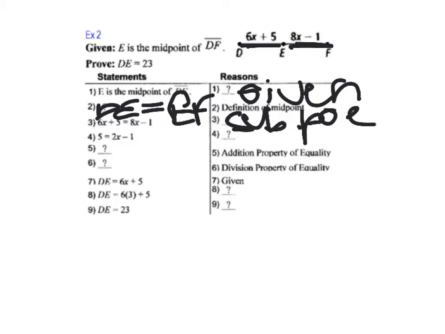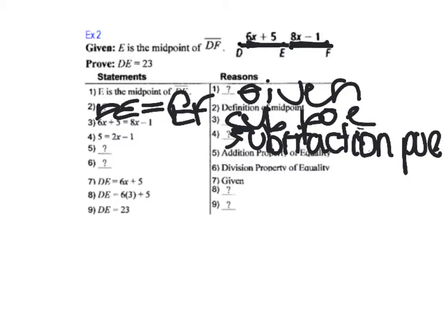Because you're substituting these lengths with their numbers in order to solve them and turn it into a more algebraic proof. And you can see that they just further solve this by subtracting 6x from the other side, so that would be your subtraction property of equality.